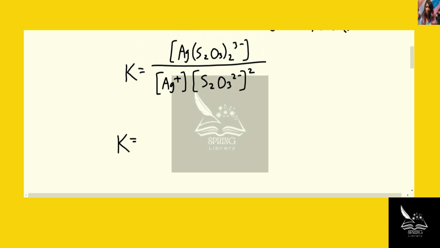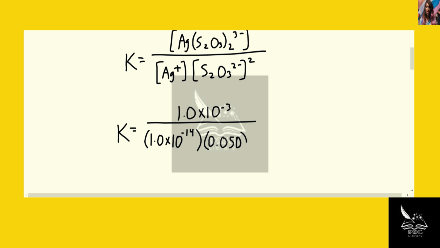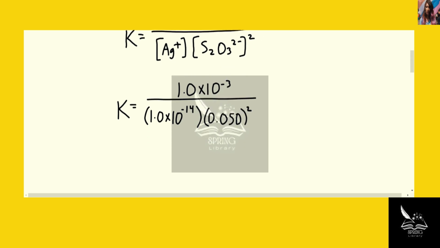And now we are given the concentration for Ag(S2O3)2 3- to be 1.0 times 10 to the negative third molar. And the concentration of Ag+ is the concentration in the anode that we solved for in part A, which was 1.0 times 10 to the negative 14 molar, times the concentration of S2O3 2-, which is given to be 0.050, and we square that term.